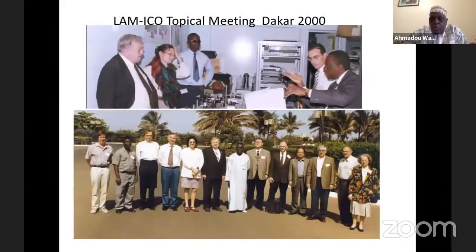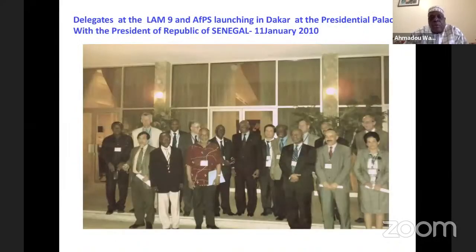Okay, now, this is just to show you some photos of the LAM meeting, a topical meeting in Senegal. And this is the launching of the African Physical Society during the LAM 9 meeting in Senegal. Here you can see the president of Senegal. It was the reception at the presidential palace, and there are some leading people of the African Physical Society.